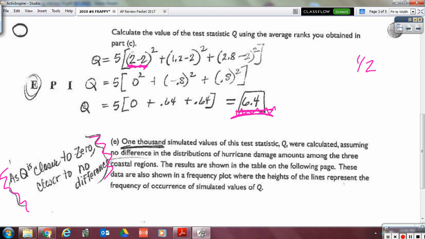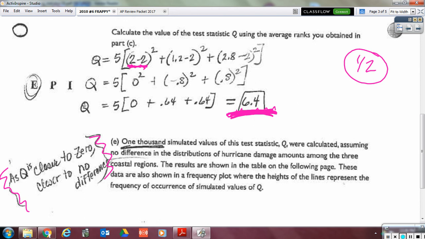Well, then you would still miss that half. So you would lose this half of a point. However, we're about to use this number here, and if this number you have is wrong, but you use it correctly in part E, you can still get full credit for part E.